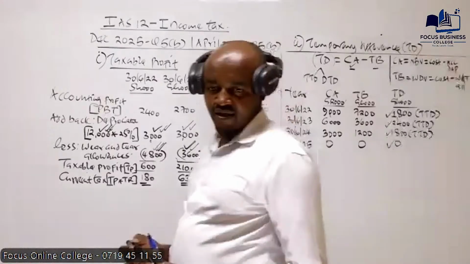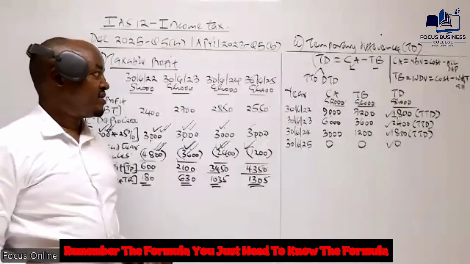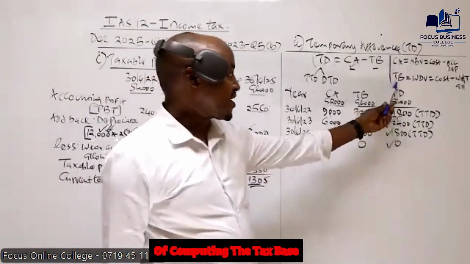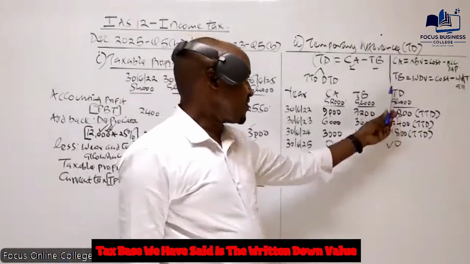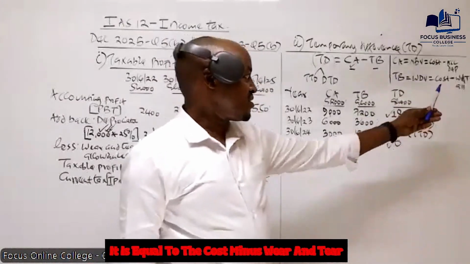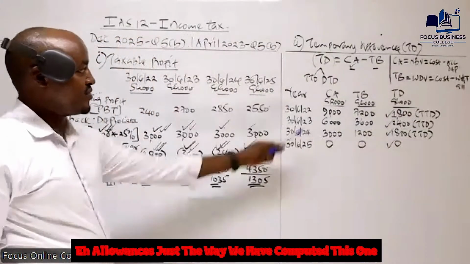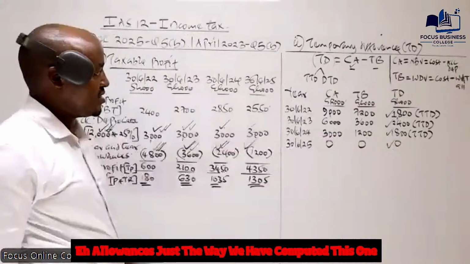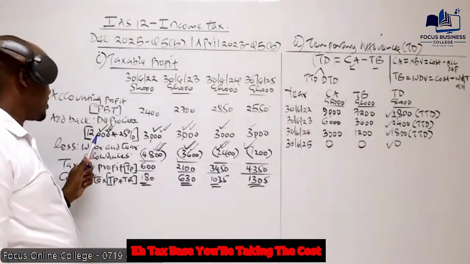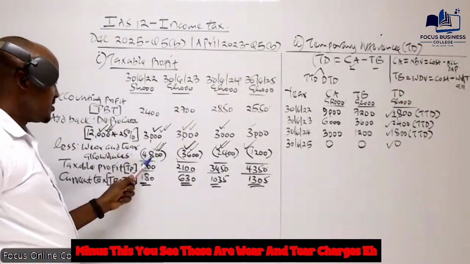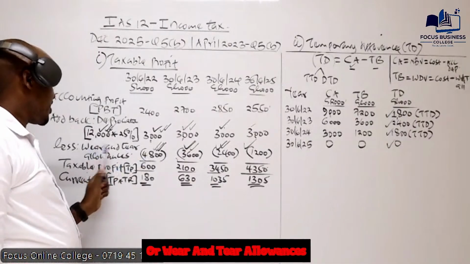Units, you just need to remember the formula. You just need to know the formula of computing the tax base. Tax base, we have said, is the written down value. It is equal to the cost minus wear and tear allowances, just the way we have computed this one. These are wear and tear charges, or wear and tear allowances.